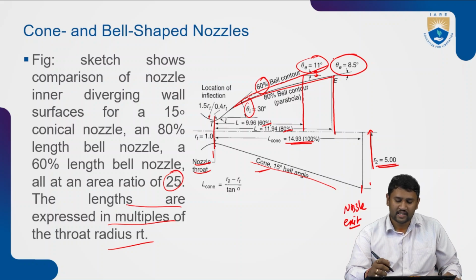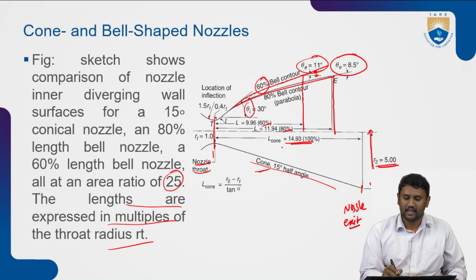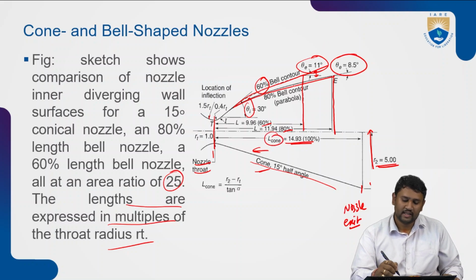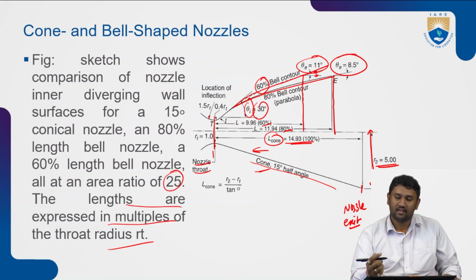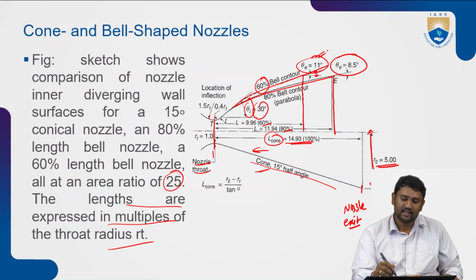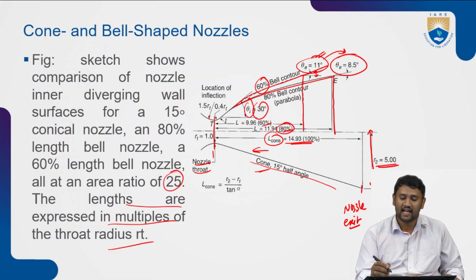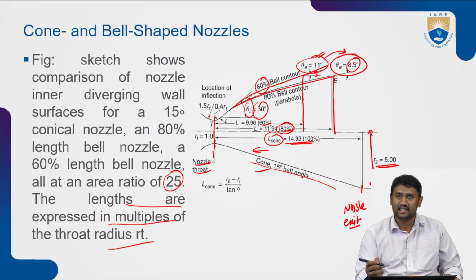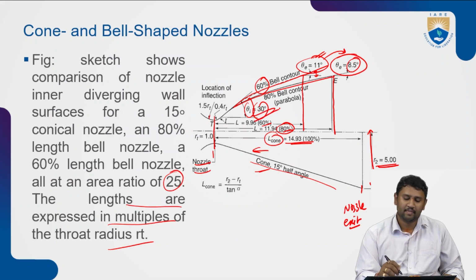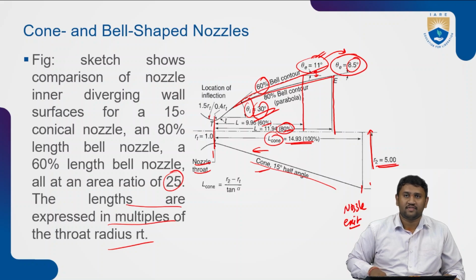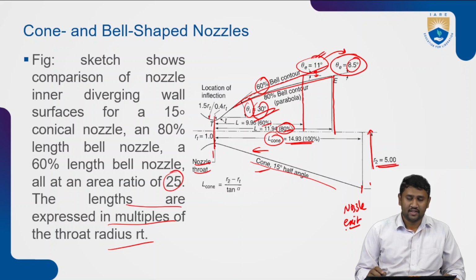So what you are able to understand is, as the length of the cone decreases, the incidence angle is also increasing, as well as the exit angle. As the length is at a proportion of, let's say, 80%, the exit angle gets decreased from 11 to 8.5 degrees, keeping my incidence angle constant, because we are maintaining the area ratios.